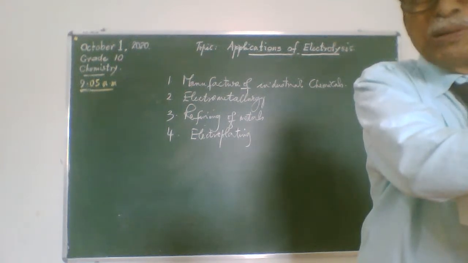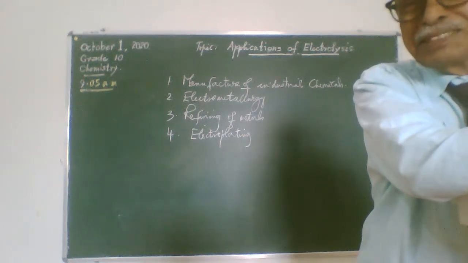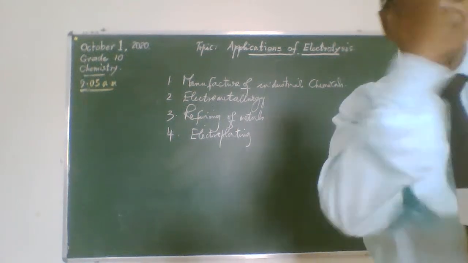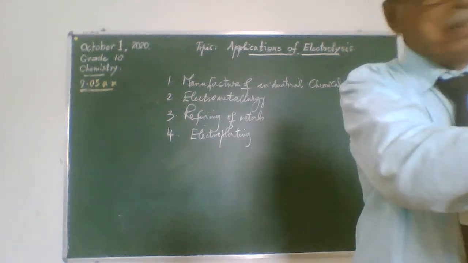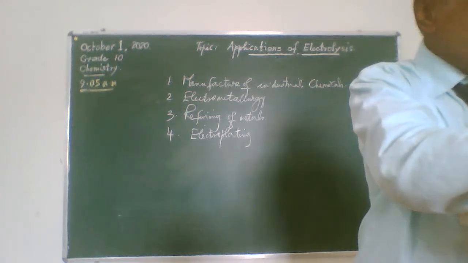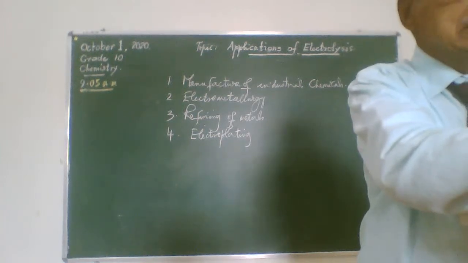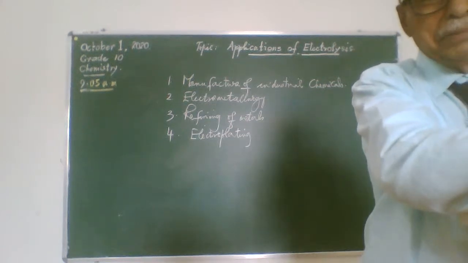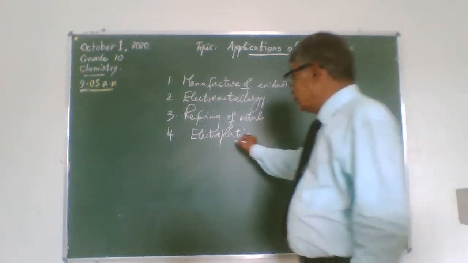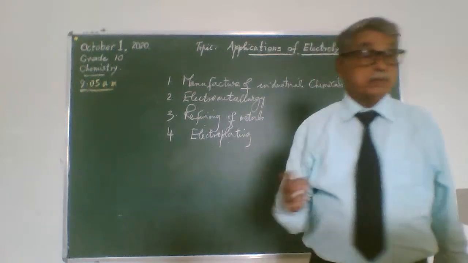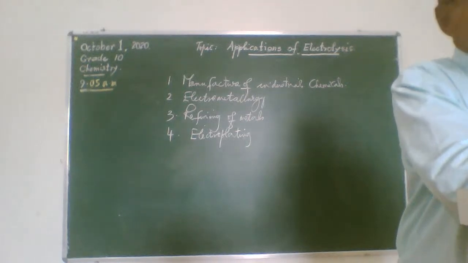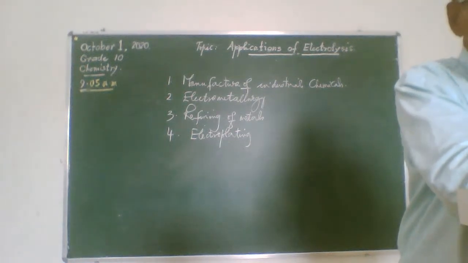Those 1 gram gold ornaments are all obtained by electroplating. Pure gold is plated on the other metal. It becomes 1 gram gold. They are also costly, and they decorate the metal. Apart from that, they add beauty to the metal. That's known as electroplating. And electroplating is very useful very often. We have to electroplate certain things for using.